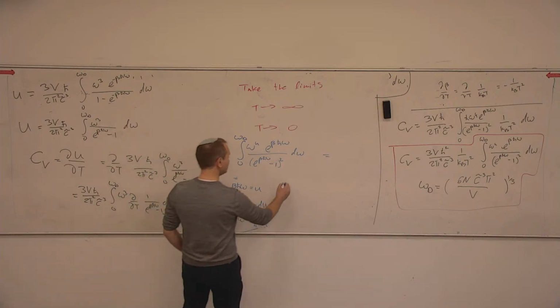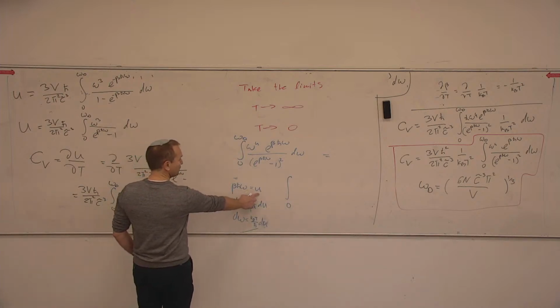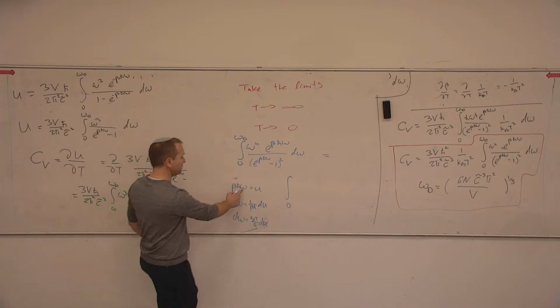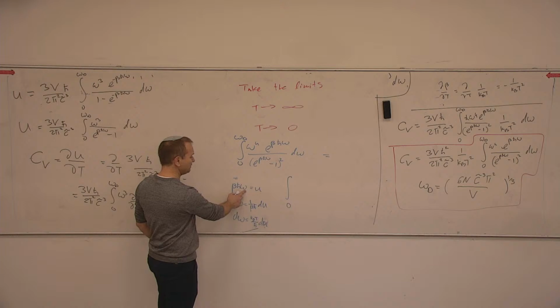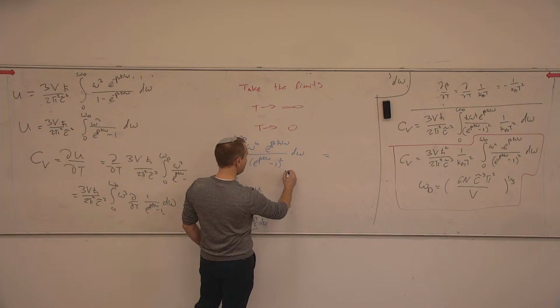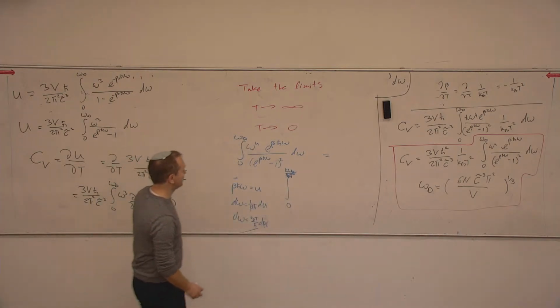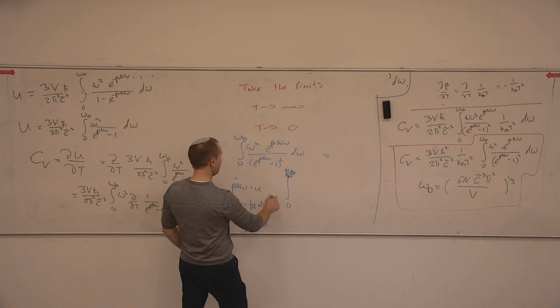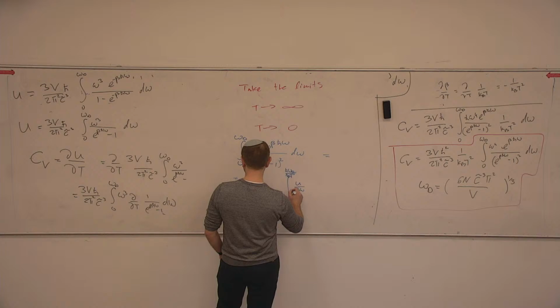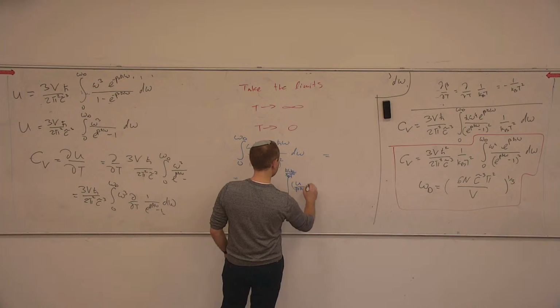So this integral is an integral from 0, when omega equals 0, u equals 0, to omega D, when u equals h bar omega D divided by k Boltzmann T. And here, instead of omega, I have u divided by beta h bar to the fourth power.